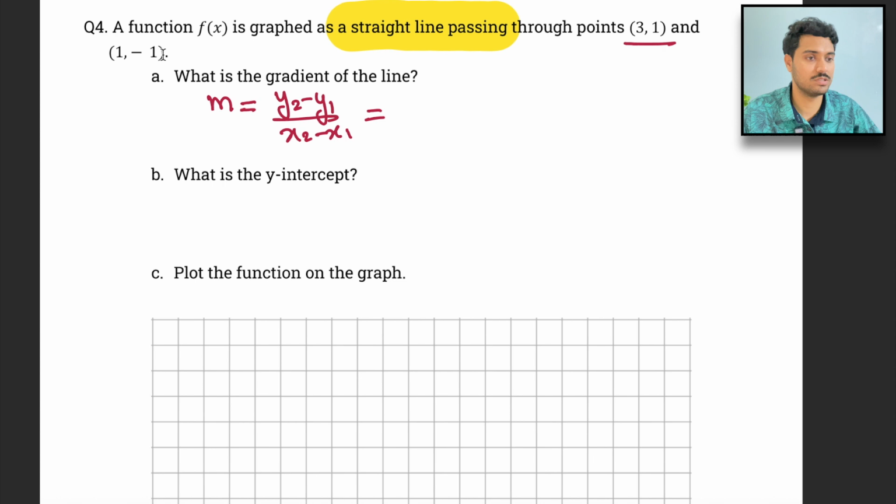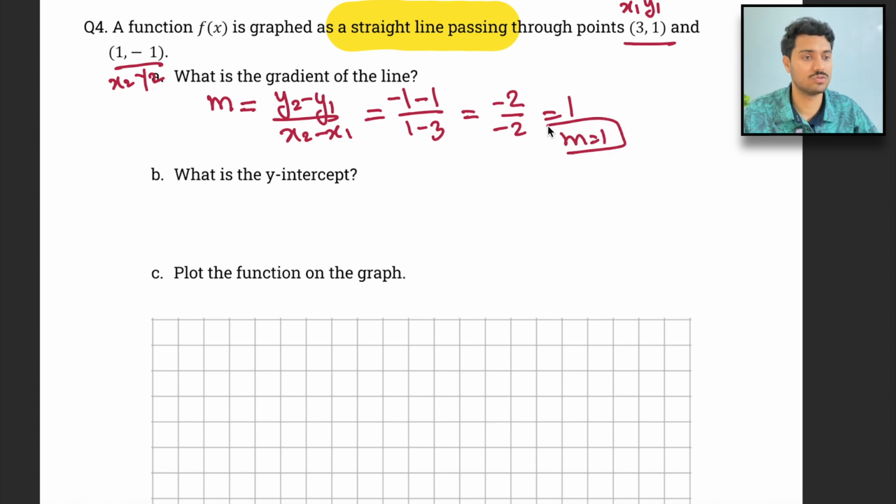So the coordinates are already given to us here and here. What we can do, we can mark this as x1 y1 and here as x2 y2, and y2 will be -1 minus 1 upon x2 minus x1, so 1 minus 3, that is going to be -2 upon -2, that's 1. So gradient is 1. That's the answer. M is equals to 1.